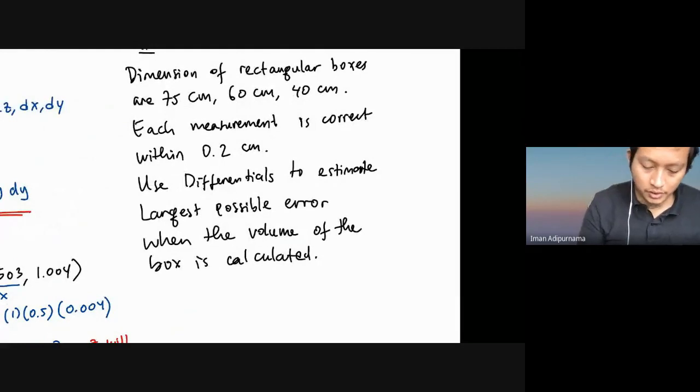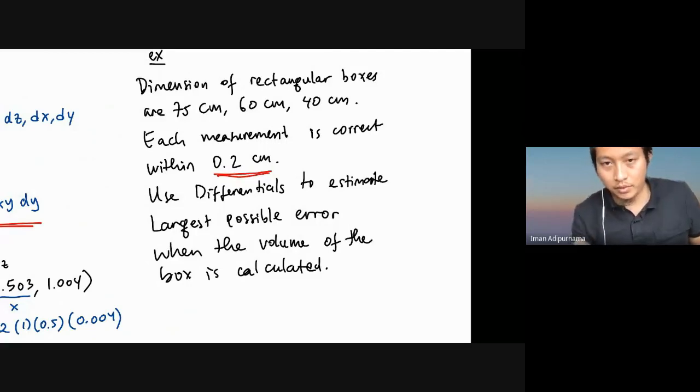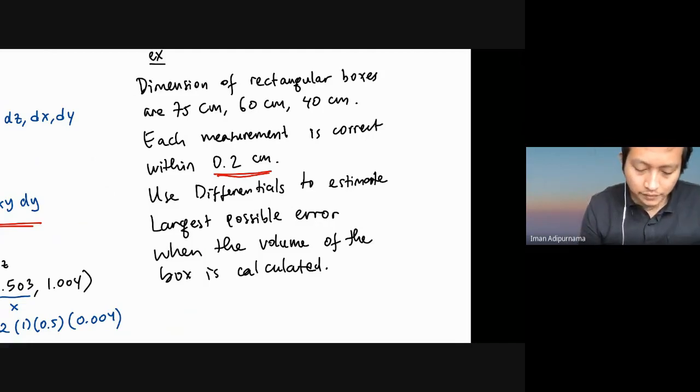Okay, so the important thing here, we have the accuracy or the error. It should be around 0.2, the maximum error that it can have. Okay, and we have a rectangular box.